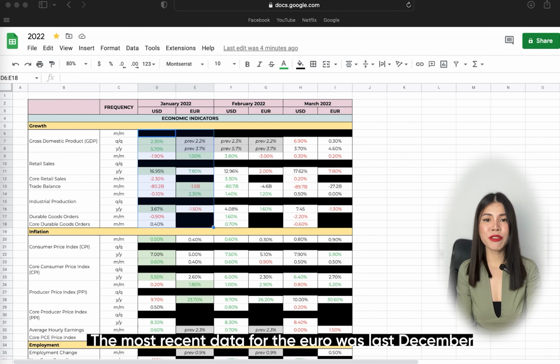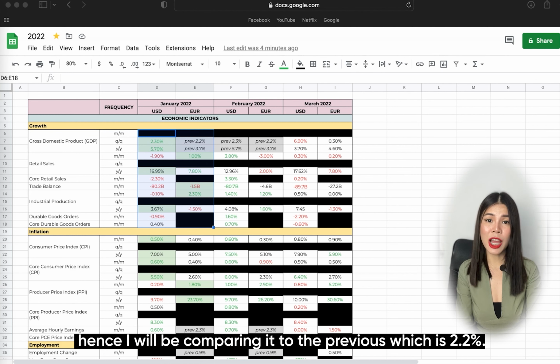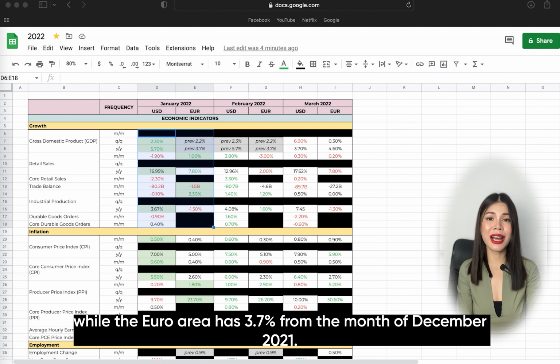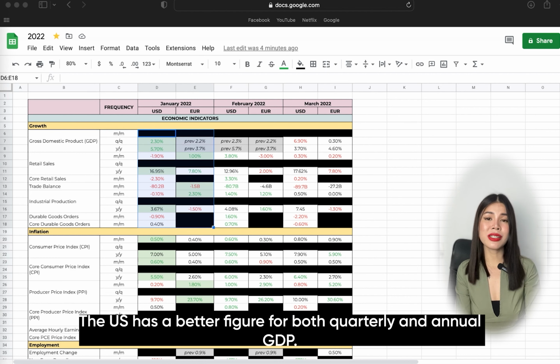The most recent data for the euro was last December, hence I will be comparing it to the previous, which is 2.2%. As for the annual GDP, the US has 5.7%, while the euro area has 3.7% from the month of December 2021. The US has a better figure for both quarterly and annual GDP.